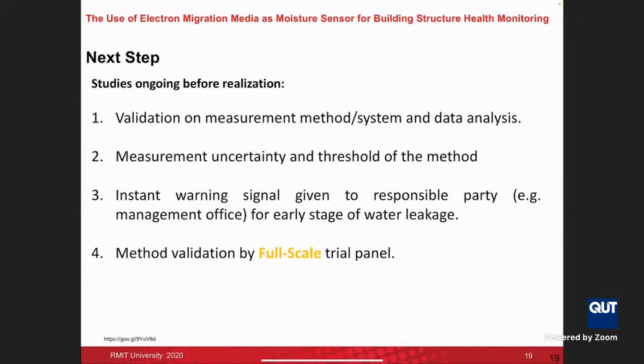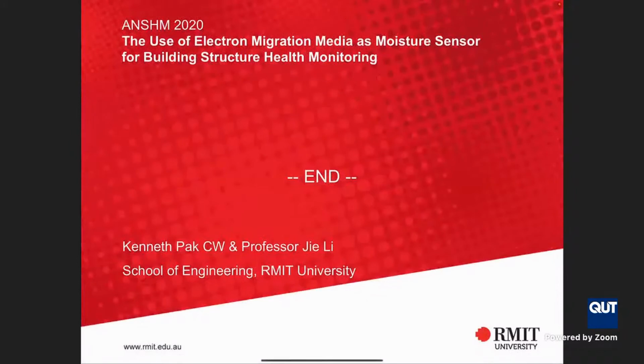We also have to develop a system so that the management office of the building can have a warning signal when there's a water leakage on the roof. And lastly, we try to have a full-scale trial panel to test the method. That's the end of my presentation.